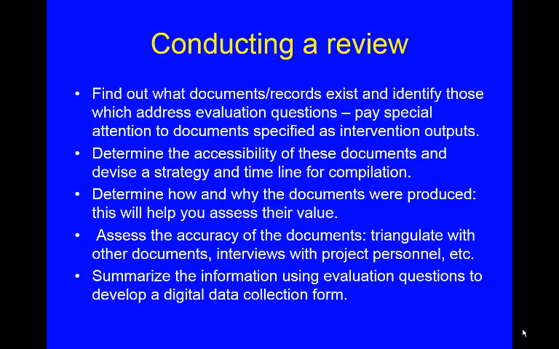Documents generate a huge amount of information, like most other qualitative exercises, and therefore you want to start thinking at a fairly early stage about how you're going to summarize the information. And the best way to summarize the information is to have a fairly clear set of evaluation questions. And as you're going through the forms, you do two things. One is that you try to map the information in the documents to the evaluation questions.